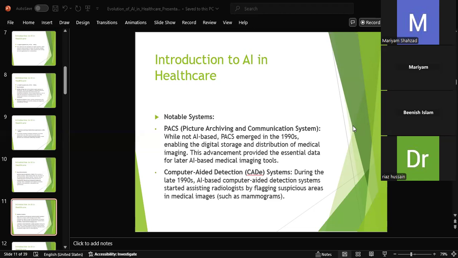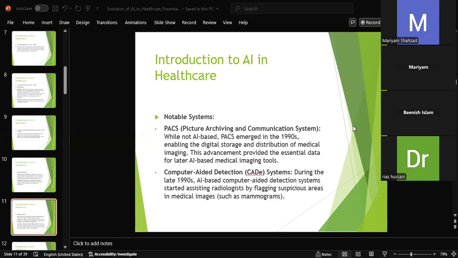How is it affecting the patient? It uses algorithms that are driven by the analysis. These systems use algorithms trained on vast data sets of medical images to detect subtle and early-stage abnormalities which cannot be detected with the naked eye.